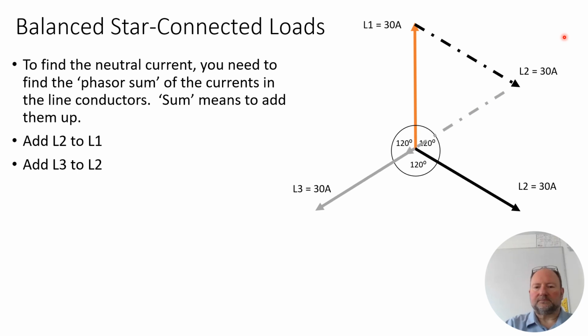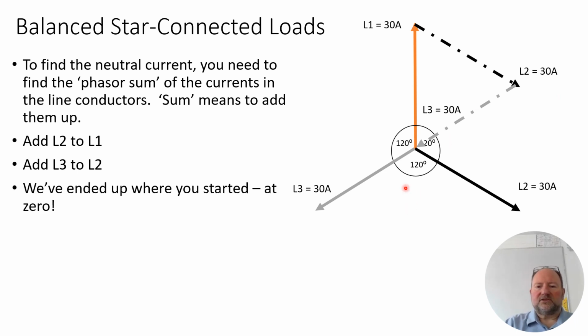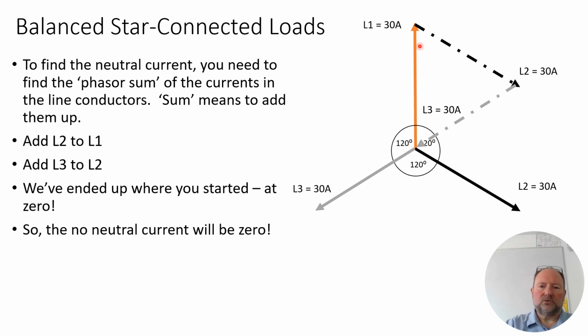So let's do that. I've done that with the same direction and magnitude, and you can see that the arrow has taken us straight back to this point here, which is 0. That's the 0 point right in the middle. So with a balanced three-phase load, the neutral current will be 0.